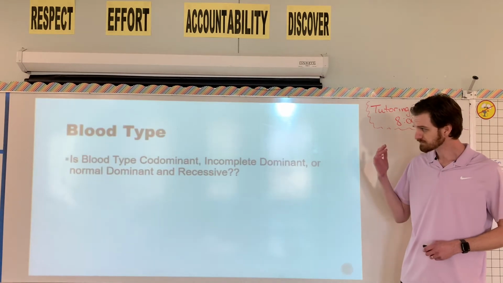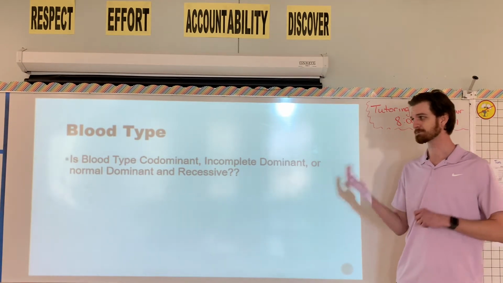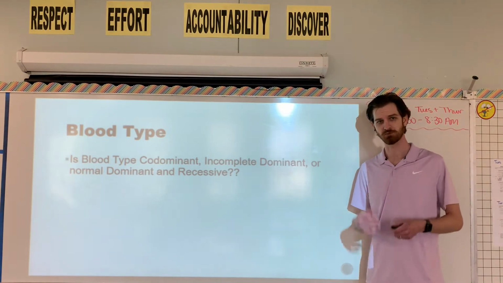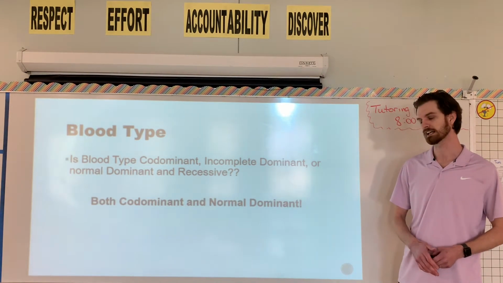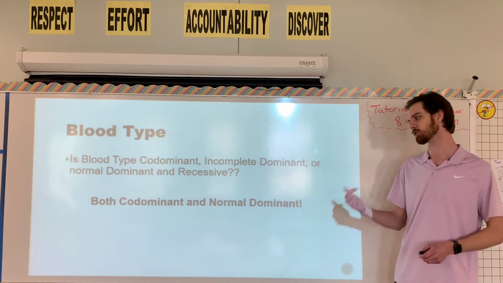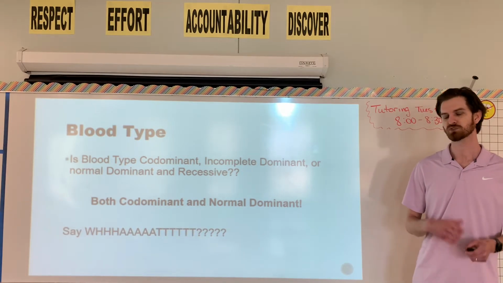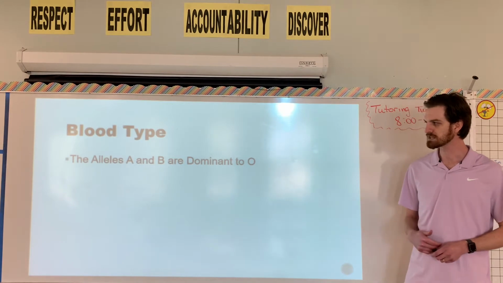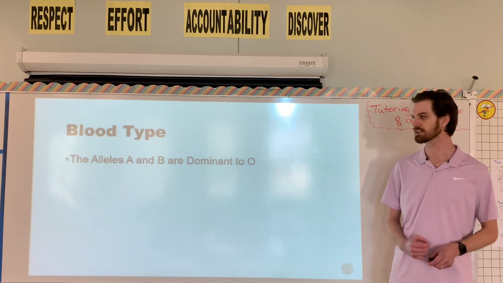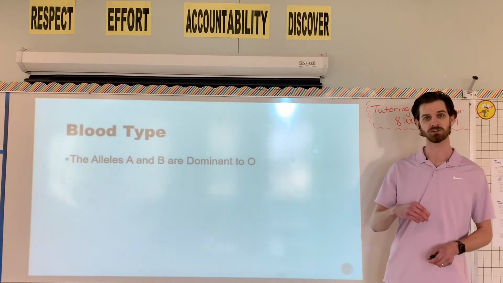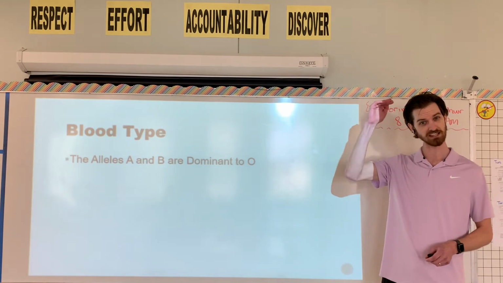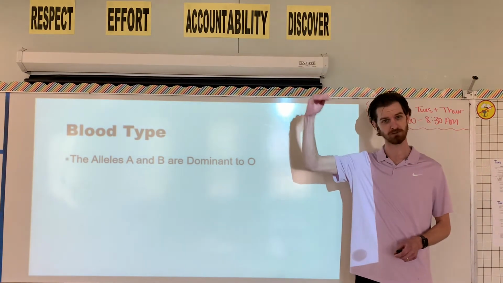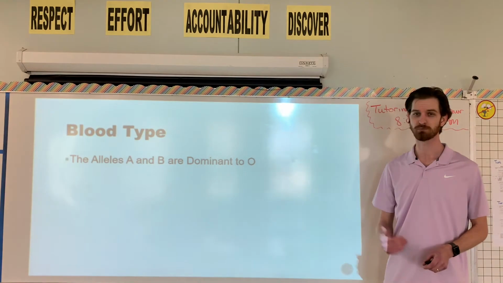So now, is blood type A codominant, incomplete dominant, or normal dominant recessive? Well, this one's a little bit more complicated. It's both a codominant and a normal dominant and recessive. So let's dive into that a little bit. If I have alleles A and B, those are the two dominant alleles, okay? If you remember on the previous slide, they had the capital I with the A at the top and the capital I with the B at the top, showing that those are both dominant.